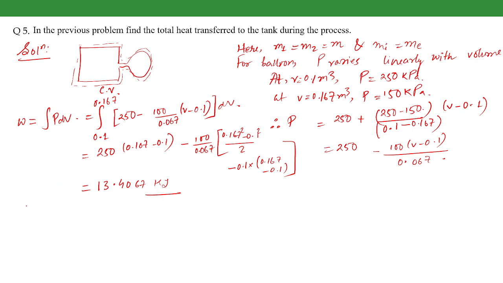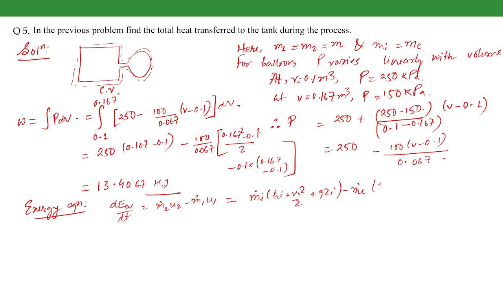Now from the energy equation, dECV by dt, that is m2u2 minus m1u1, is equal to mi times hi plus vi square by 2 plus gzi, minus me times he plus ve square by 2 plus gze, plus q minus w.